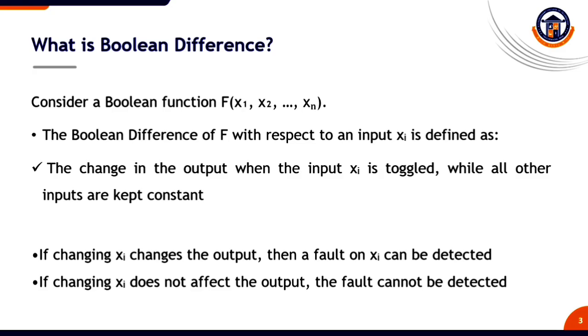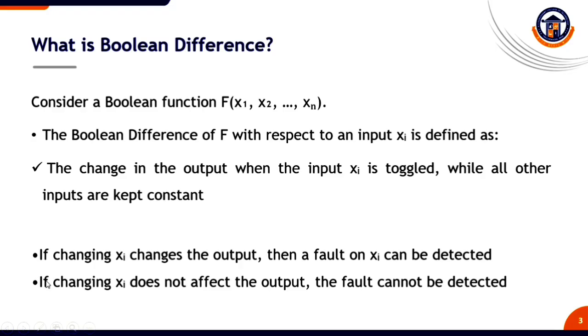What is Boolean difference? Consider a Boolean function f of x1, x2, up to xn. The Boolean difference of f with respect to an input xi is defined as the change in the output when the input xi is toggled, which means xi value goes from 1 to 0 or 0 to 1, while all other inputs are kept constant.